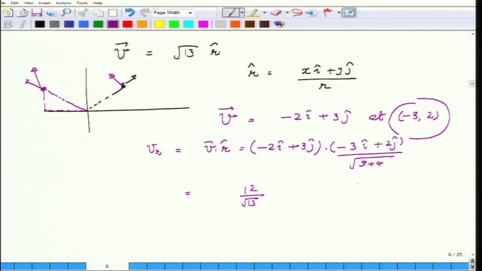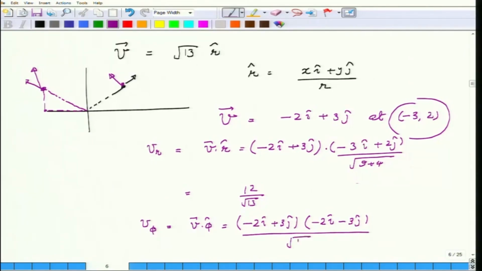How about V phi? V phi is going to be V dot phi, which is equal to minus 2i plus 3j times the phi unit vector, which is minus y i plus x j. So minus y i is going to be minus 2i and x j is minus 3j, divided by square root of 13.